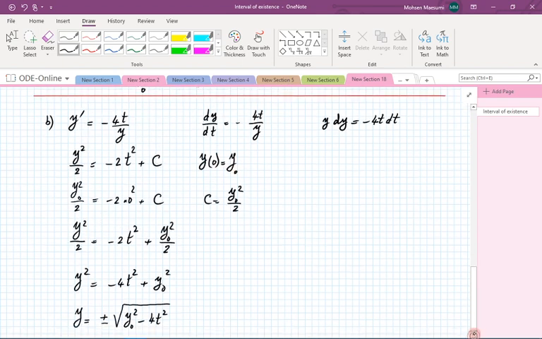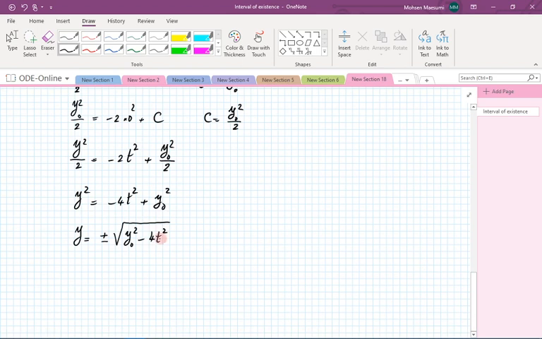At time 0, we want to catch y0. So if y0 is a positive number, when t is 0, y will be y0 if I choose the plus. Otherwise, I have to choose the minus. So here is a more clear way of stating this.